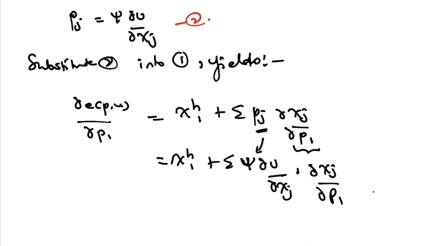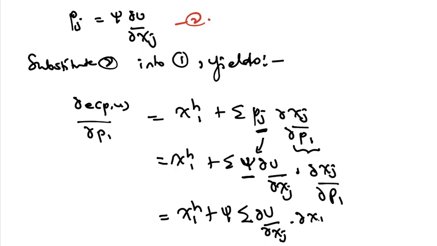Now what we need to do next is, after we substitute this, you see this C is a constant, so I can rewrite it this way: X1H plus C sum of dU over dXj times delta Xj over delta P1. Alright, I hope you get it up to this point here.